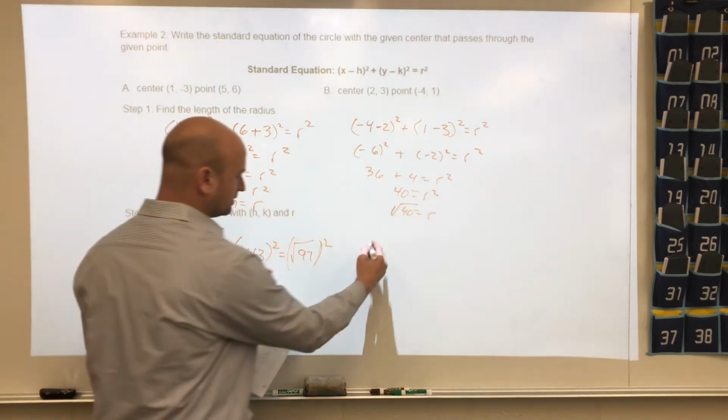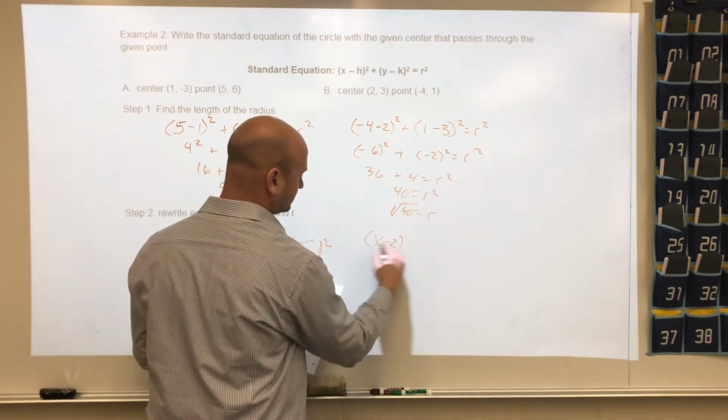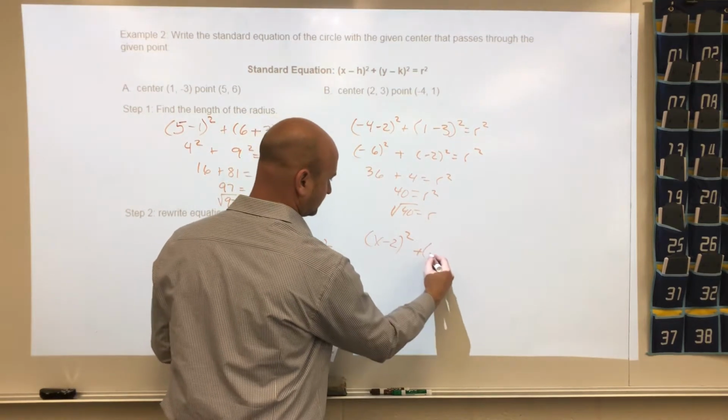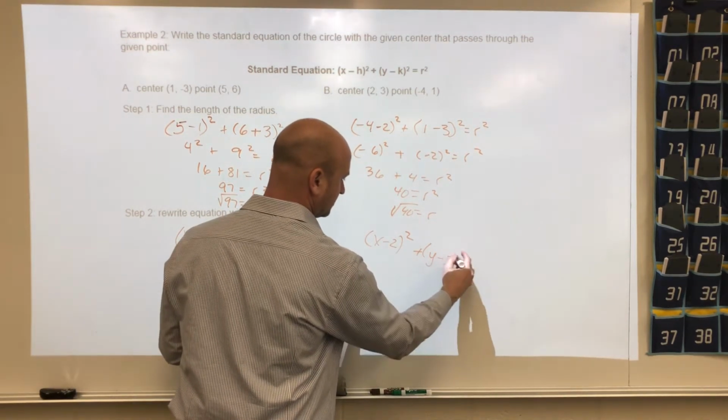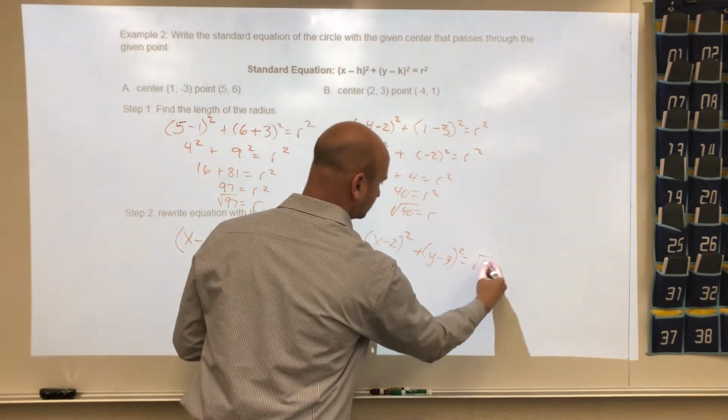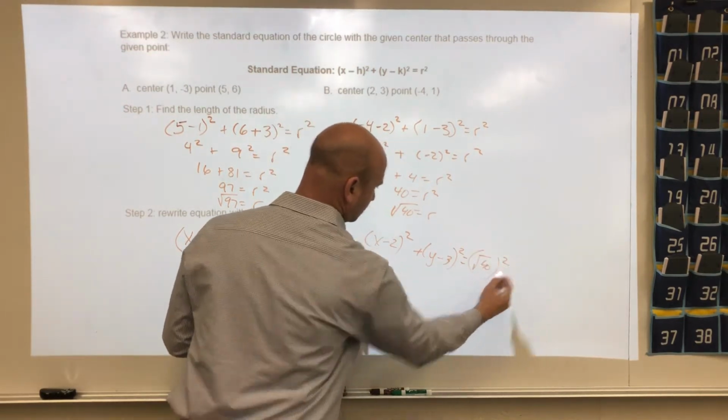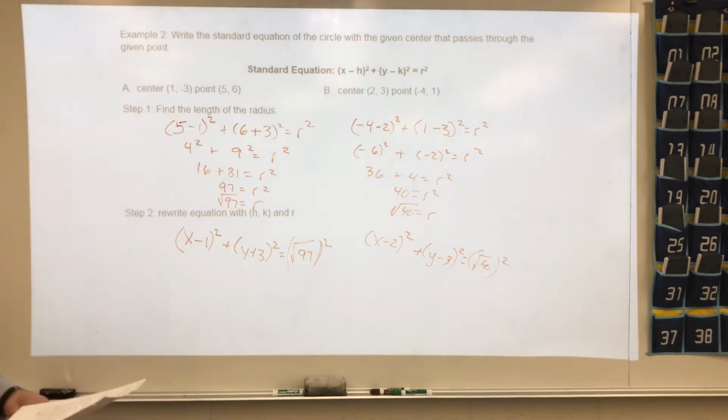Right over here, this one would be x minus 2 squared plus y minus 3 squared is equal to the square root of 40 squared. Okay? So that would be your answers to those problems based on what they want you to solve for.